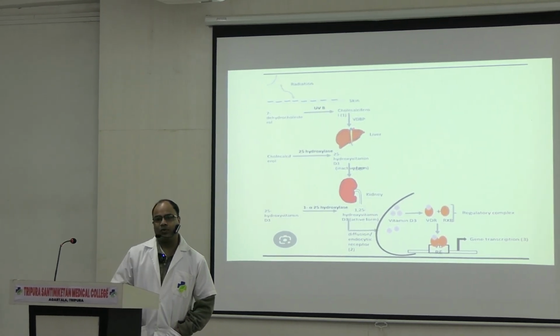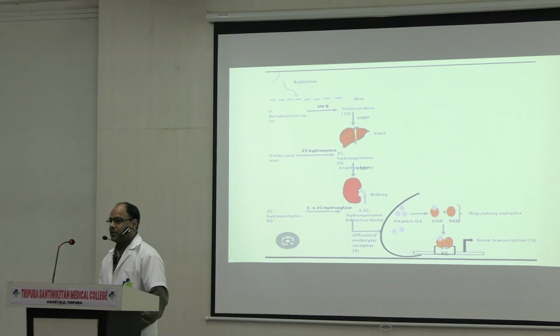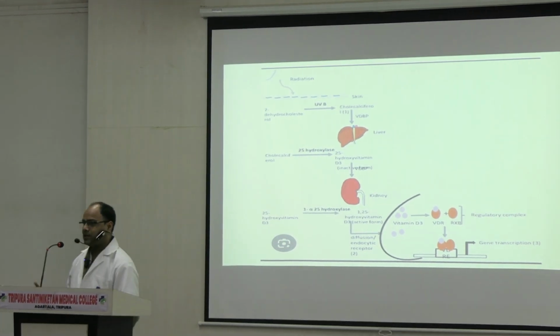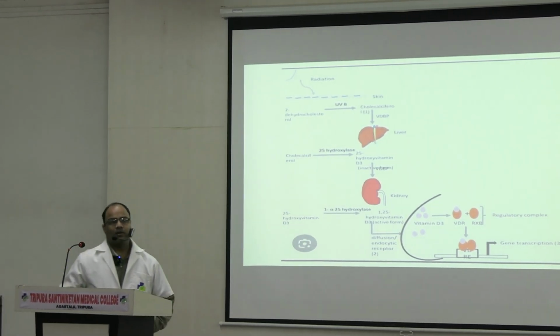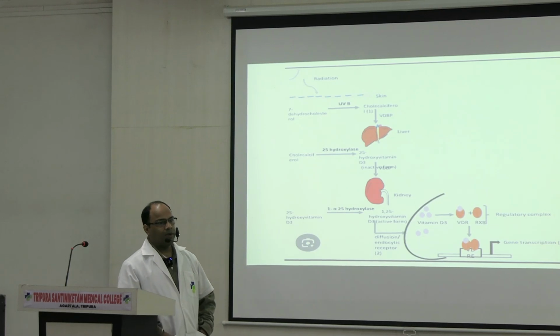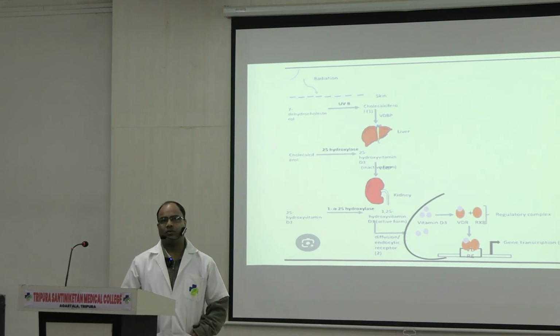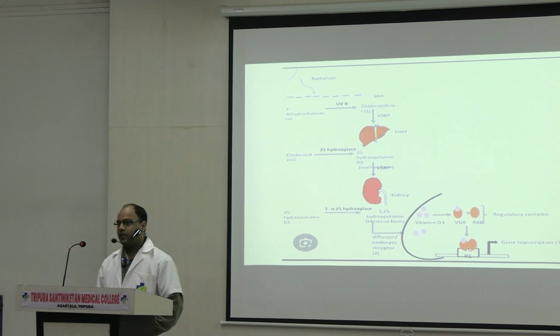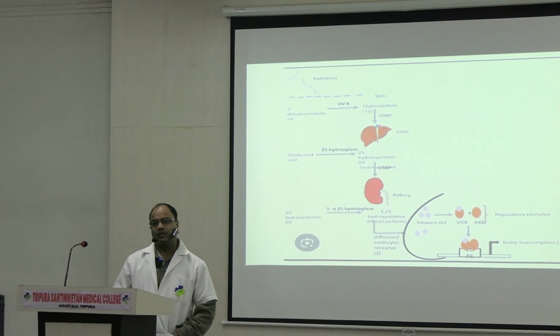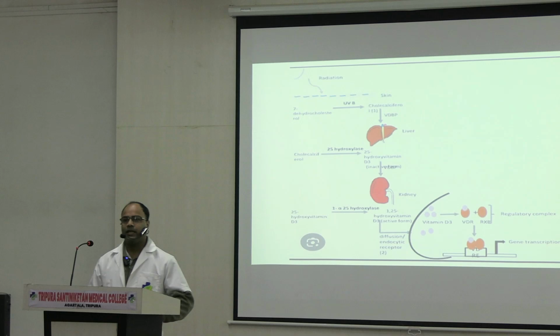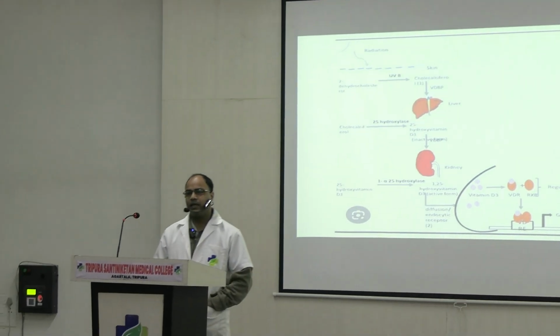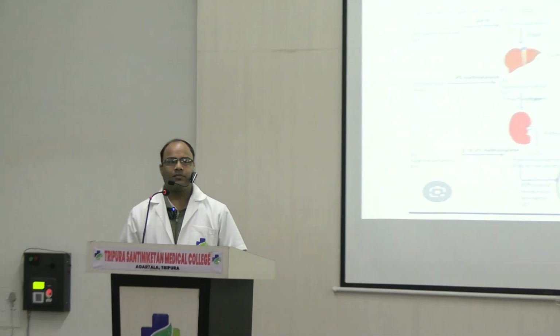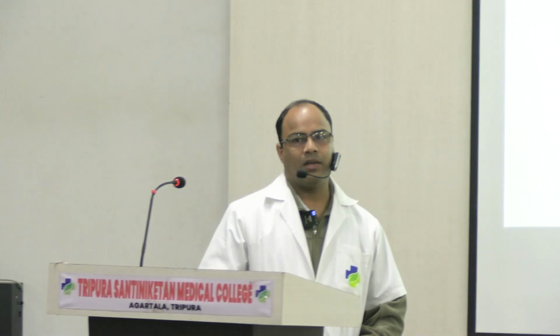In your exam we may ask you one question, justify, for 2 or 5 marks, please write down. Justify: vitamin D is a hormone. Why? First reason, it is synthesized somewhere else, in the skin, and then you have to activate it by some process. First of all in the liver and then the kidney, and then it goes to the target site.